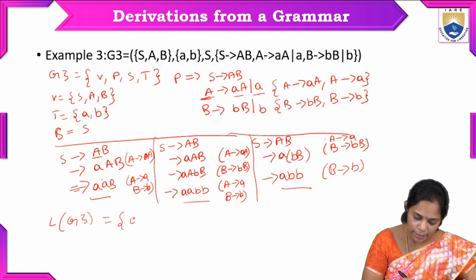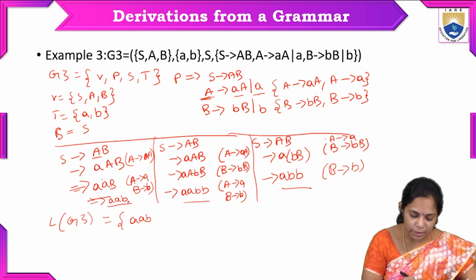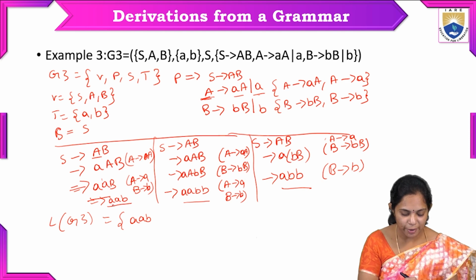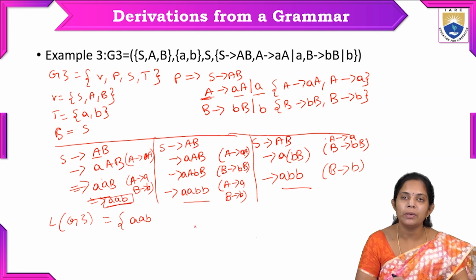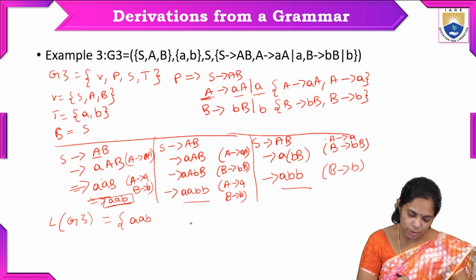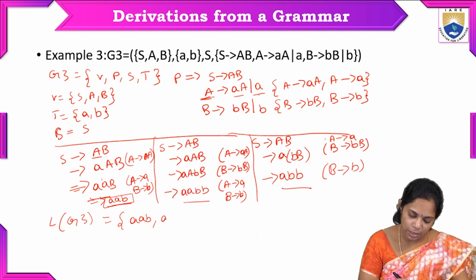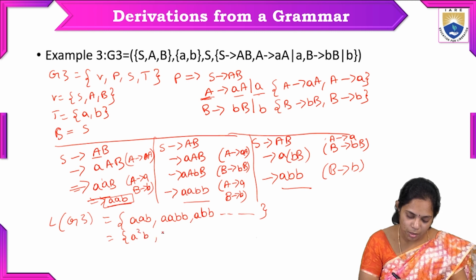First AAB, here we have to substitute. After deriving all the grammars, we have to get the terminal symbols only. If there is a non-terminal symbol in the string, we have to apply one more production rule also. ABB, and ABB, and so on. So we will represent A squared B, A squared B squared, AB squared, and so on.